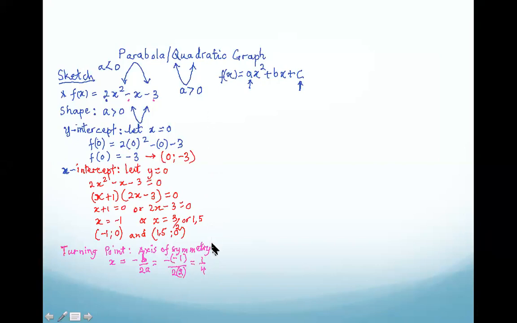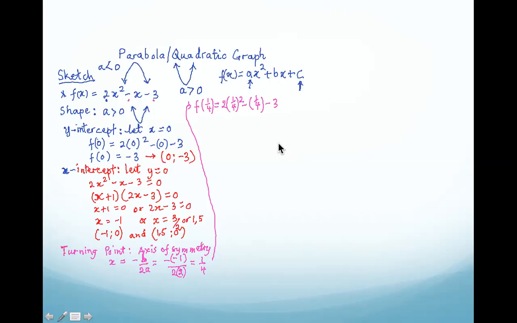So we need to find the y coordinate of the turning point now. Wherever there is x, you put the x value. The original equation says f of x, but what is x now? It is 1 over 4. So in the function I say 2 times x, where x is 1 over 4, all to the power of 2, the way it is written here, minus 1 over 4, then minus 3.